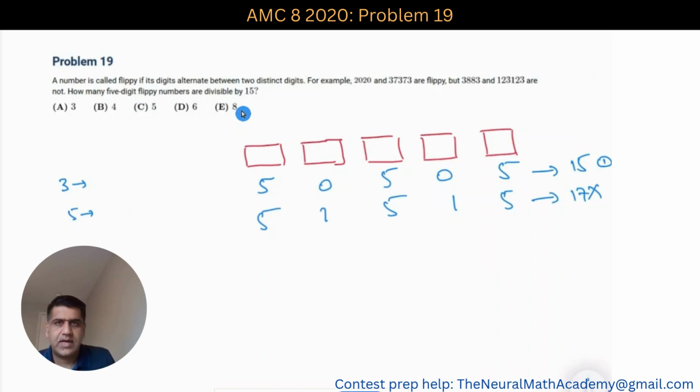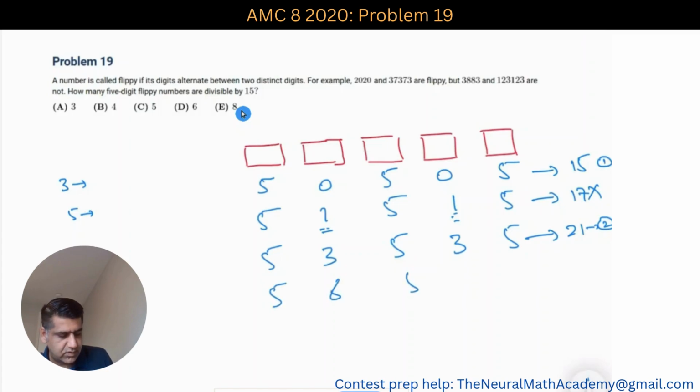Similarly, if I add a number with 2's here, that will also not work, because the sum is not divisible by 3. 6 will work, 3 will work, because if I add I get 21, so this would be my second number. Similarly, I can now add the multiples of 3, so I can add 5 6 5 6 5, that would be the third number, and another number would be 4.